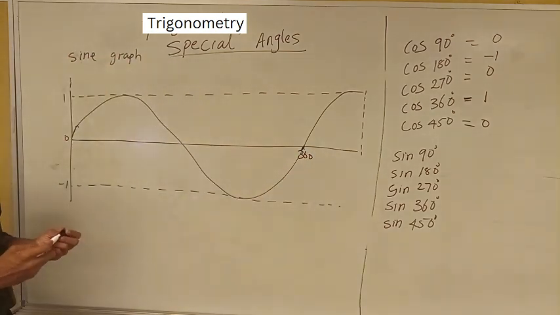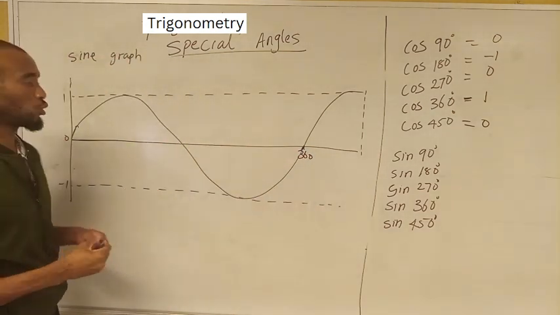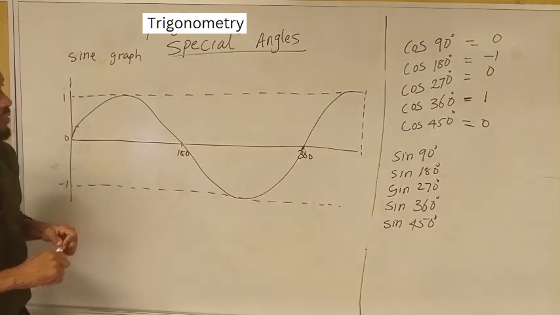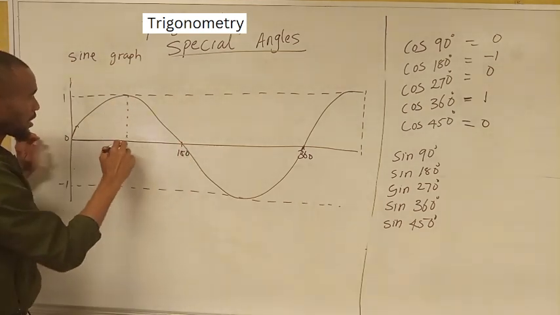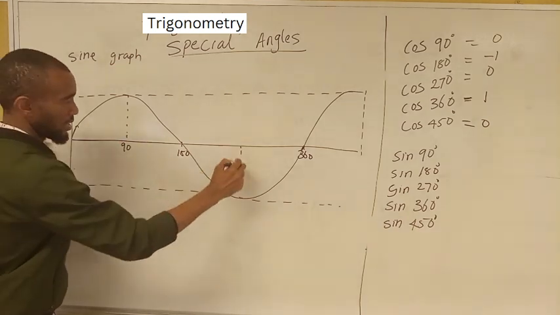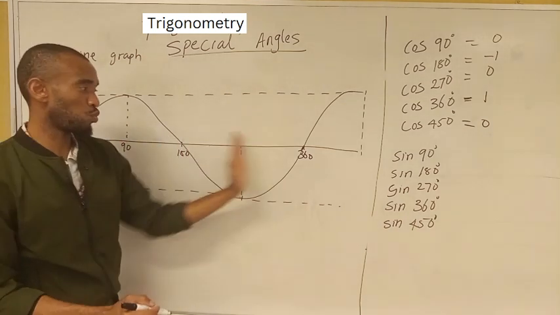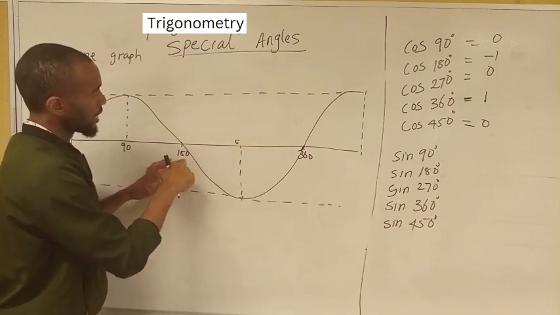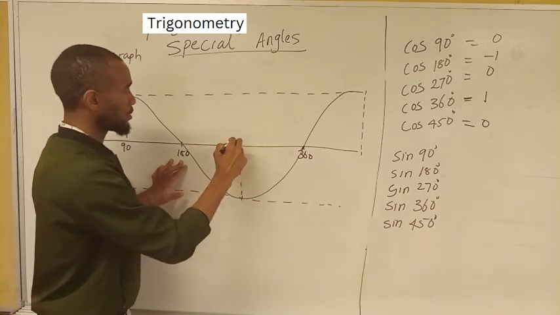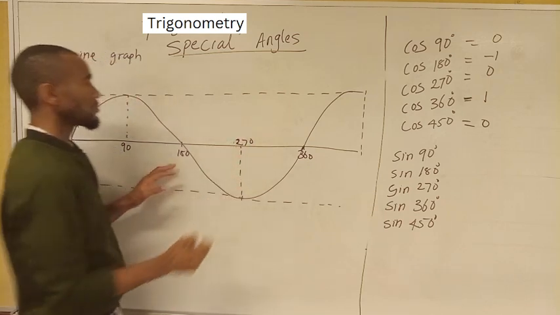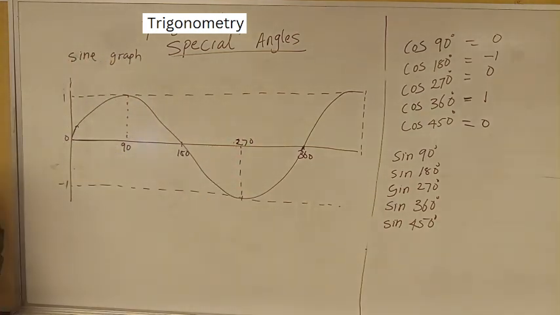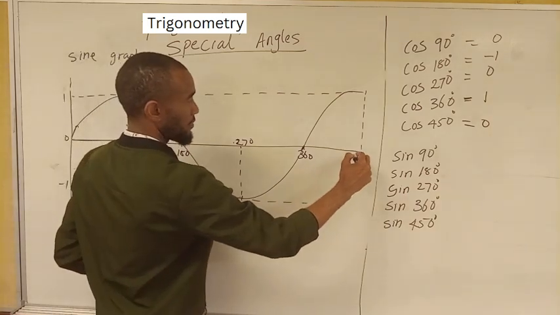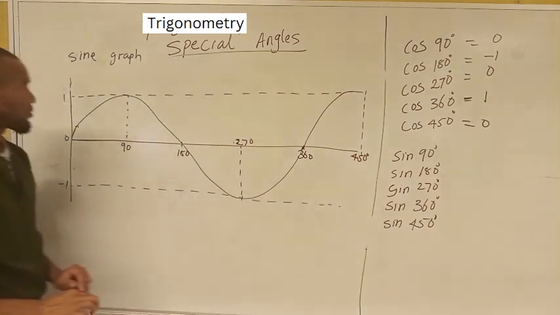And then if I split 360 into 2, at the midpoint here must be our 180, and then this must be our 90. Half of this will also give us 90. And 180 plus 90 will give you 270. So we're here. And then if I proceed, I will have here to be 450 degrees.